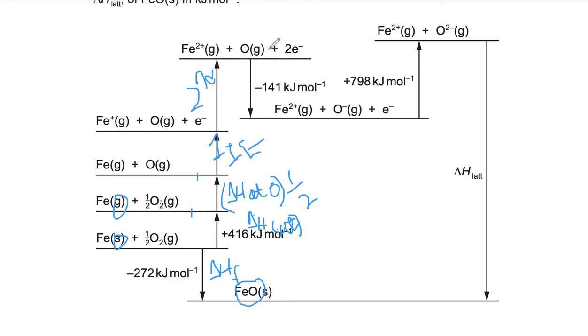Now Fe plus 2 remains the same, and O gas is forming an anion. So this is the first electron affinity of oxygen, and this is the second electron affinity of oxygen.